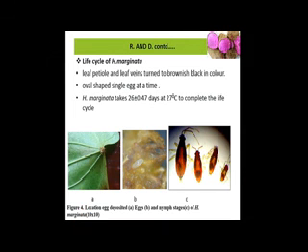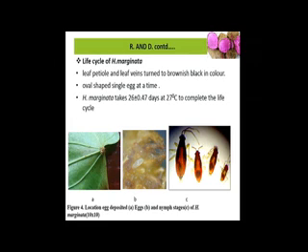From the life cycle study, we observed that they lay eggs in the leaf petiole and the leaf veins. The eggs are oval in shape, and a single egg is deposited at a time, not clustered eggs.